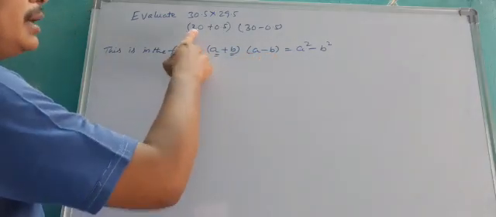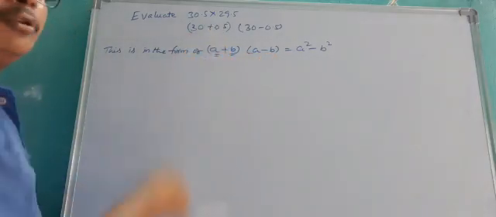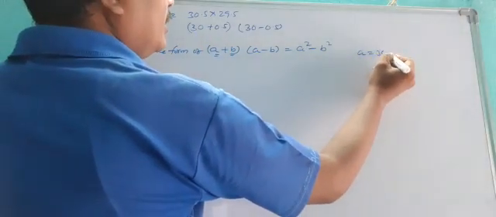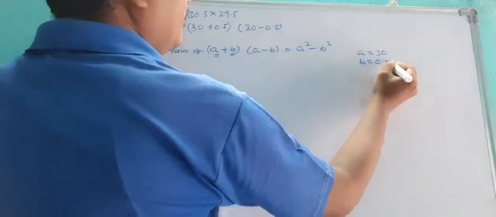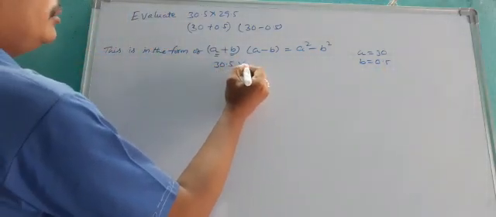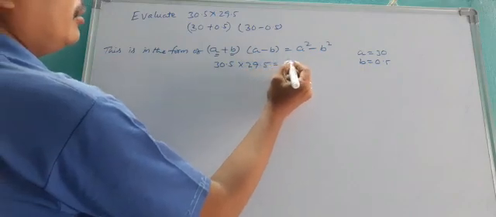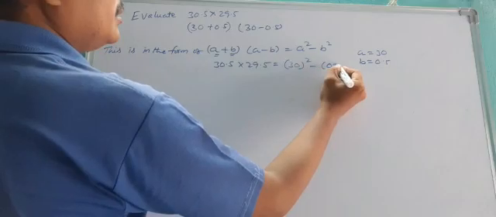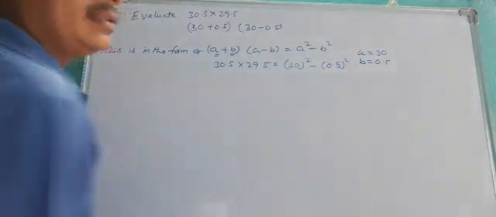Here a equals 30 and b equals 0.5. Substitute them. So 30.5 into 29.5 equals a square, that means 30 square minus b, means 0.5 whole square.